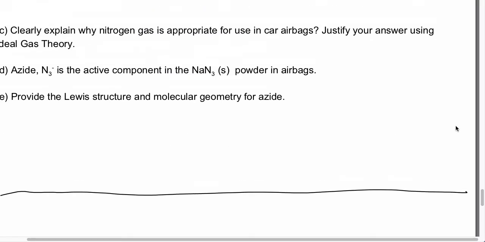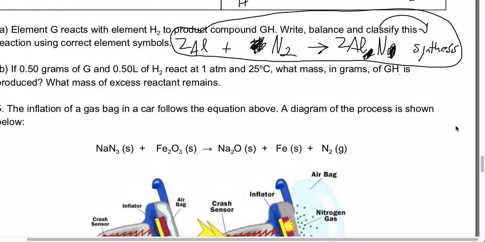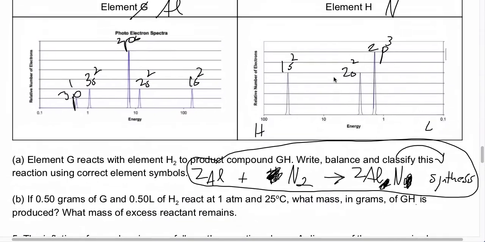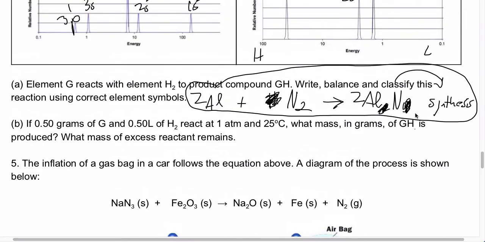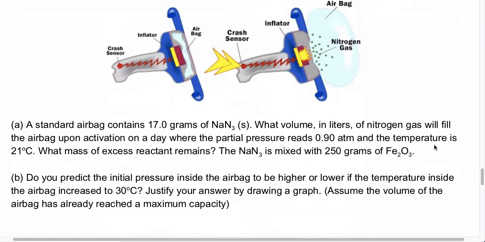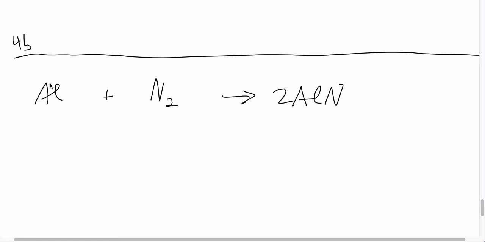This is where I'm going to do 4B. So this is going to be C last page. So there is 4B. And in 4B I have Al plus N2 goes to AlN.